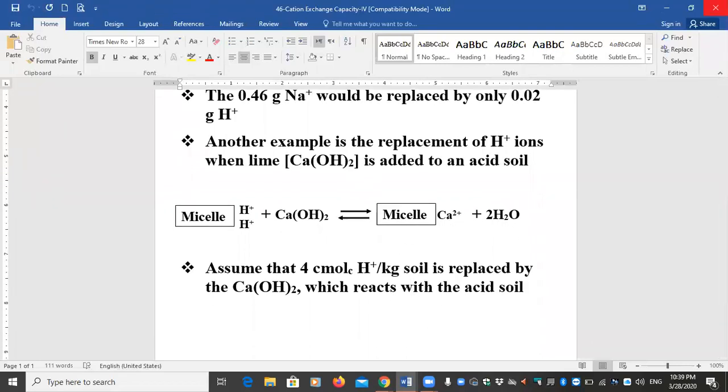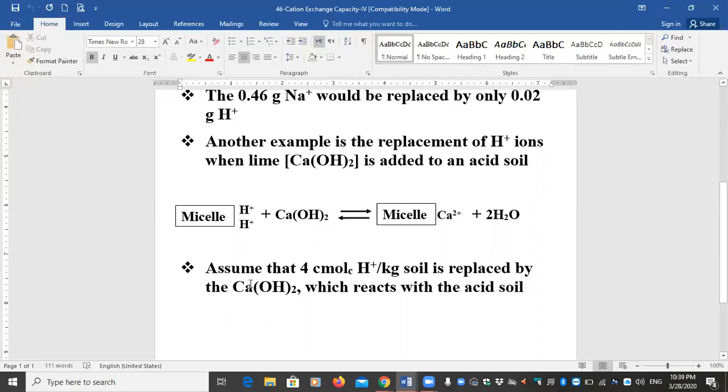Assume, okay, we'll go into numbers again, like we did with the centimole of charges a minute ago. This is the same, but we will go into compounds. Assume, that's an assumption, an example just to work with, 4 centimole of charge of hydrogen per kilogram soil is replaced by the calcium hydroxide, which reacts with the acid soil. Remember, this compound does not replace hydrogen. This compound is a source of calcium.